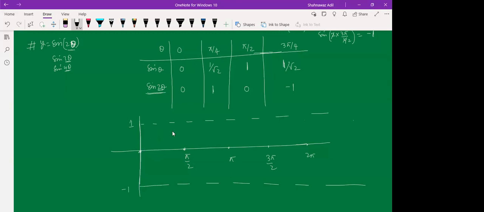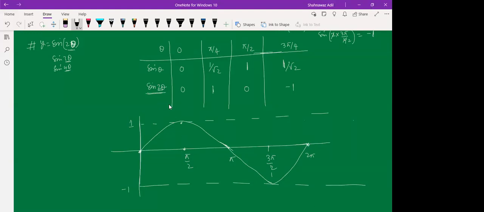How does the sine function behave? It goes from pi by 2, 1, then 0, and then at 3 pi by 2 it goes to minus 1, and then again it goes to 0. So this is the behavior of the sine function, right? What is the period? The period is 2 pi. Is it clear, guys? Yes, sir.